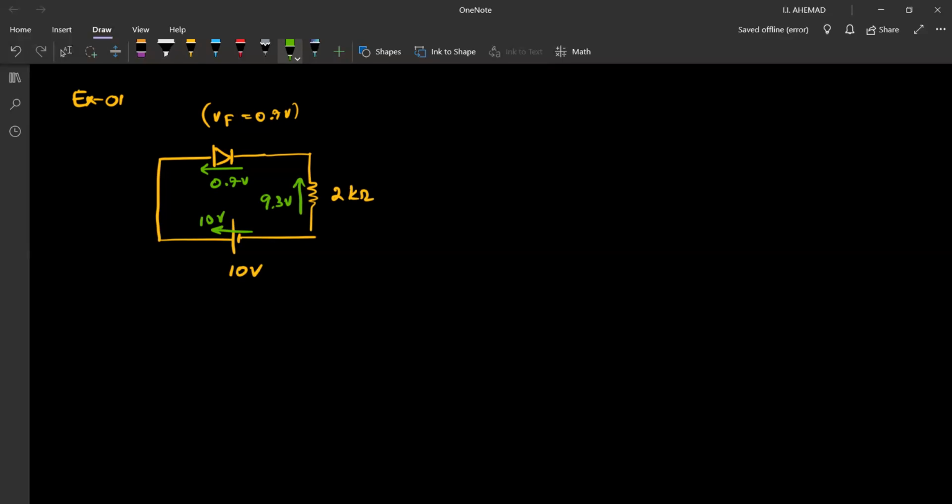So, current in the circuit. If we find what is the current in this circuit, we can use V equals IR across the resistor. Current will flow in this direction, right?